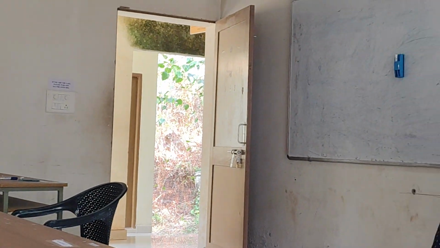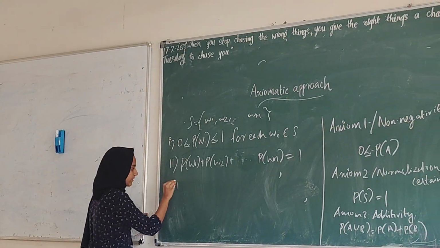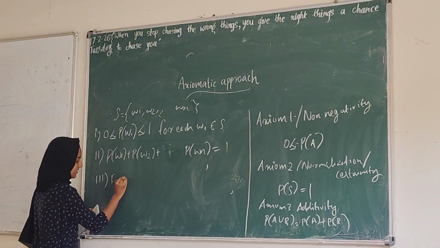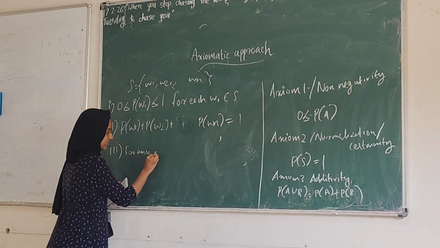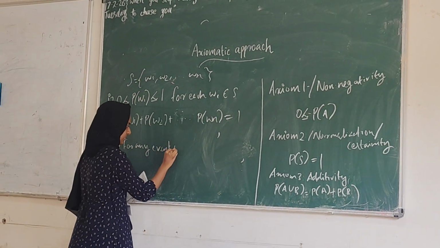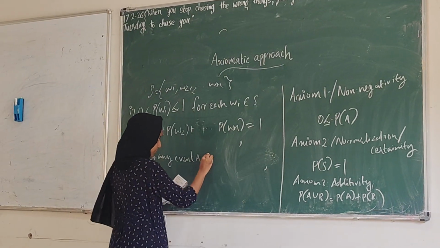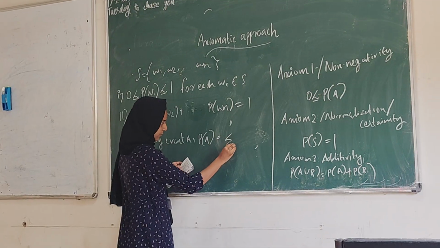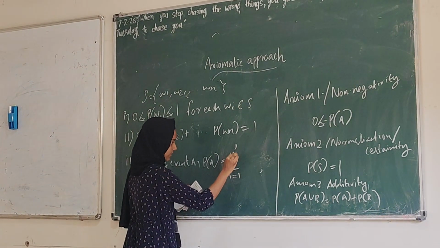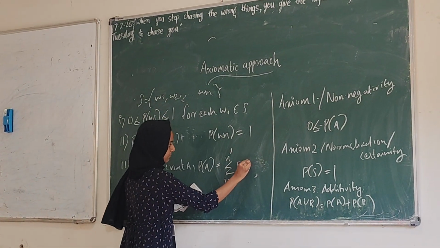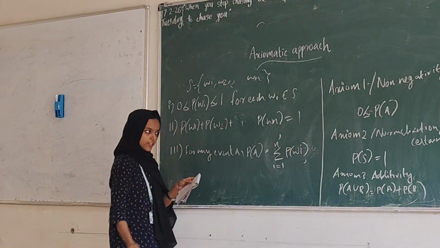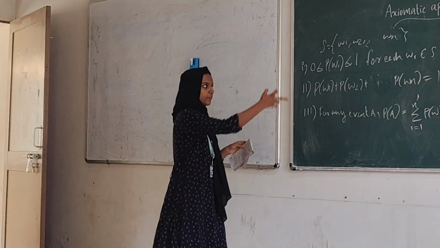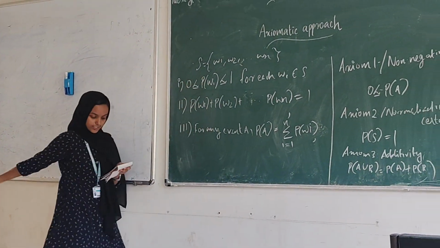This is the second one, and the third one you will write for any event A. Probability of A is the summation of the probabilities of its outcomes. If we are considering a single outcome, we can write these axioms like this.